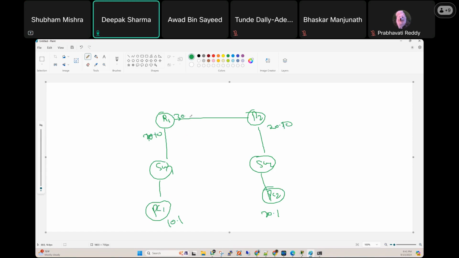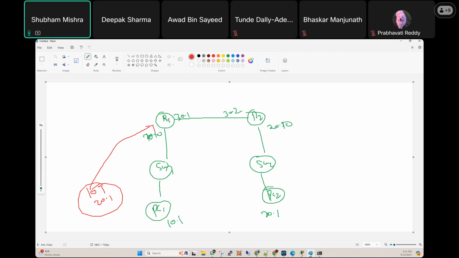Here you configure 30.1 and 30.2. For example, PC number 1 sends a packet, source IP is 10.1 and destination IP is 20.1. The packet will reach here. But this router doesn't know where your 20 network is, because on this router only 2 networks are connected, only 10 and 30. So this router only knows about the 10 network as well as the 30 network. This router doesn't know about the 20 network.